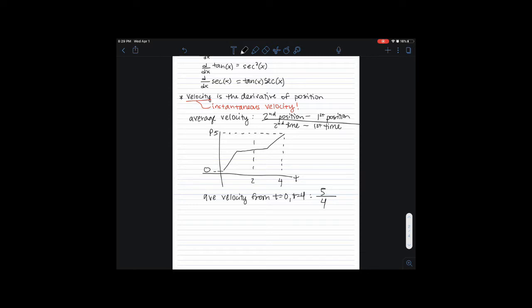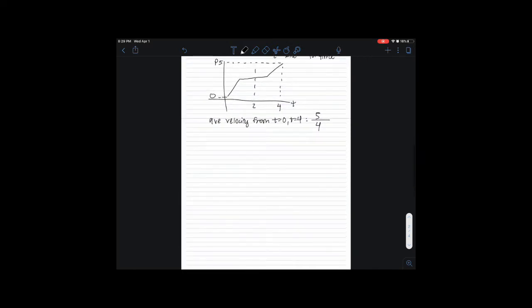What else? I want you guys to be comfortable with derivatives of e. So e to the x. Just a couple examples. We remember that the derivative of e to the x is just e to the x, but we need to be careful with the chain rule.